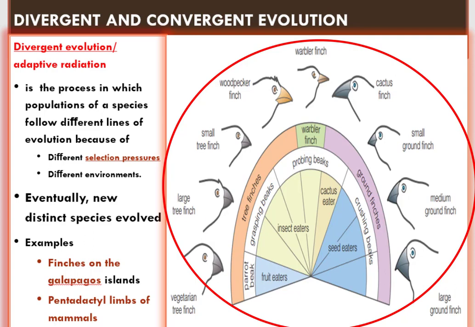So, divergent evolution leads to speciation and works on the basis that there is variation within the gene pool of a population. If a reproductive barrier separates two or more groups within a population or a species, different genes controlling various aspects of an organism's ability to survive and reproduce increase or decrease in frequency as gene flow is restricted.